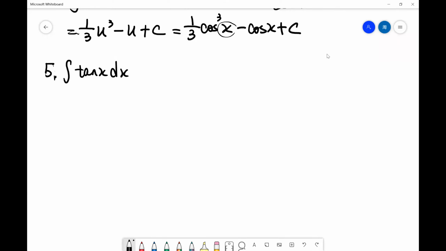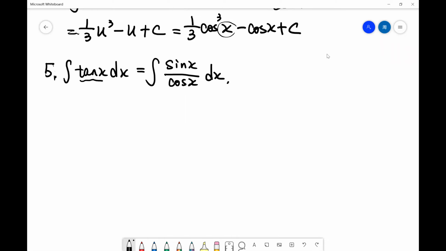Okay, so here the integrand is tangent x, right? First, we don't have a formula for the integral of tangent x. You should know that. And second, tangent x can be written as sine x by cosine x dx, right?